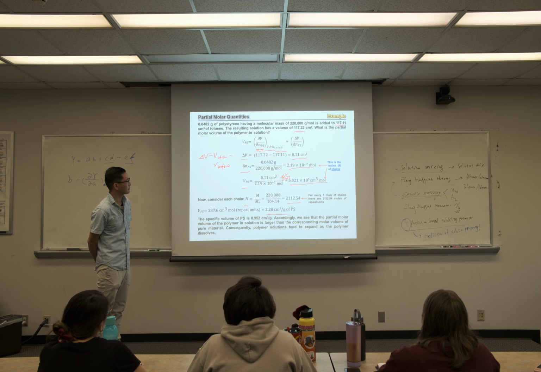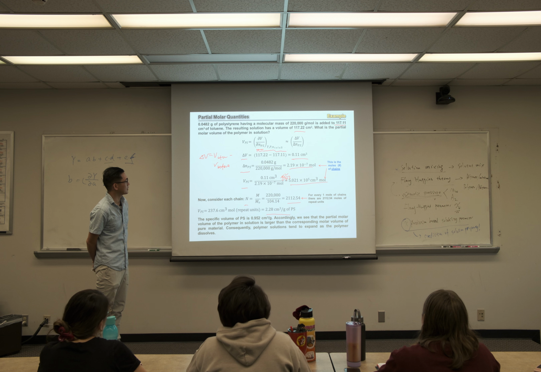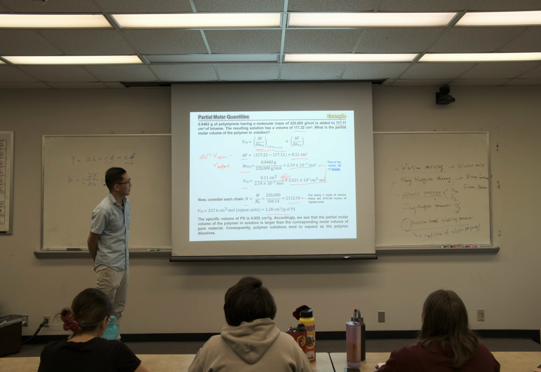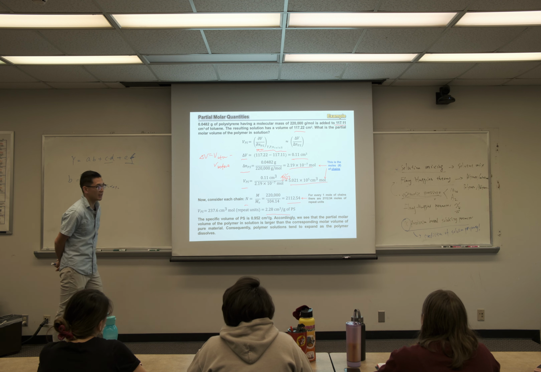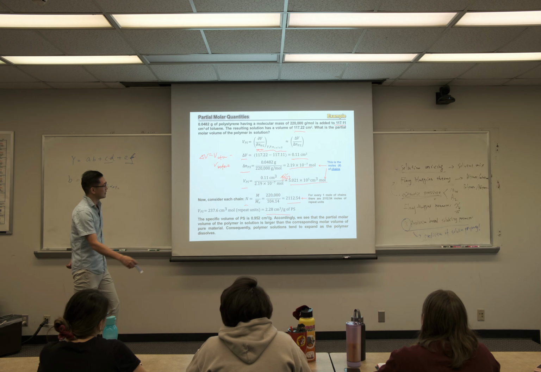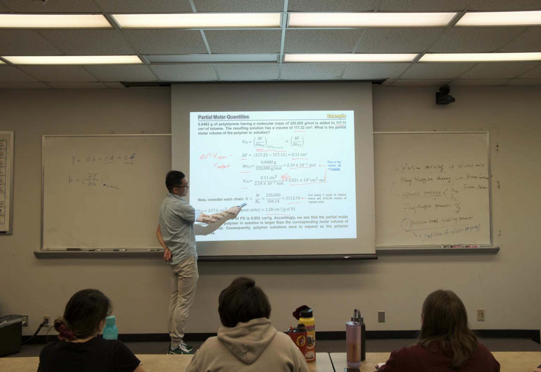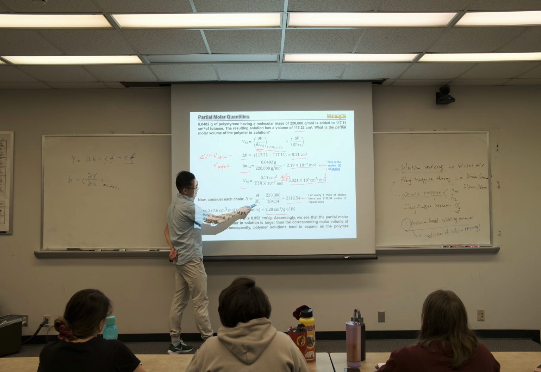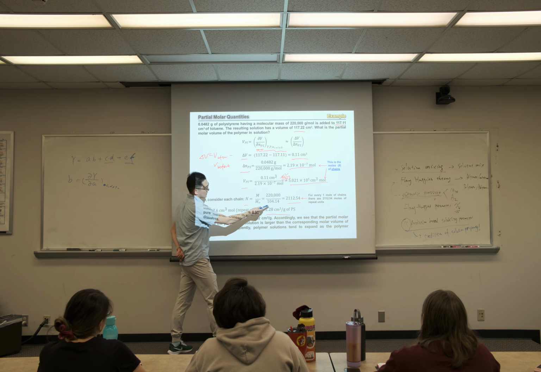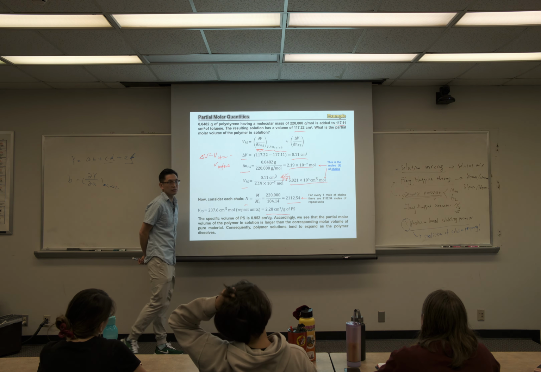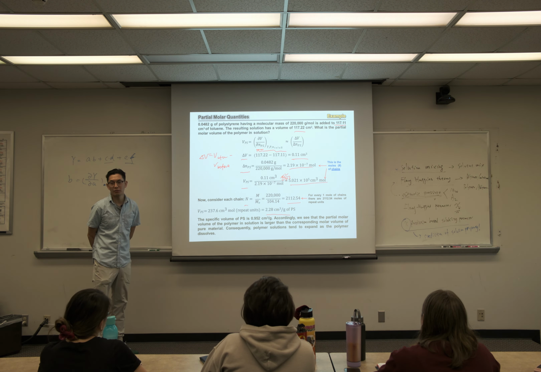Pretty simple. Now the other part is we also want to get how big each chain is. For polystyrene, we can calculate the degree of polymerization, dP, based on mass divided by monomer molecular weight. That gives you the size of your polystyrene.